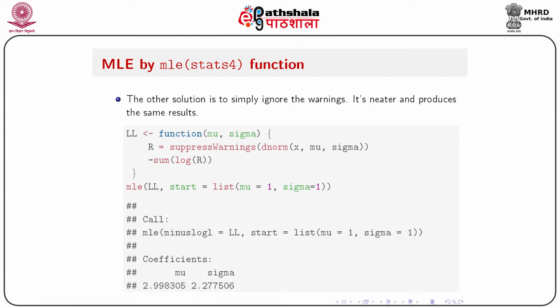For example, LL equals function(mu, sigma), and then you just write suppressWarnings, passing the dnorm(x, mu, sigma) within the suppressWarnings function, which will remove the warning, and the rest of the function is as it is. Then you can apply mle with start equals list(mu equals 1, sigma equals 1), and you will see there is no warning at all, only the estimates are given. So actually you removed the warning. The suppressWarnings function will remove all the warnings that are displayed after running this code.